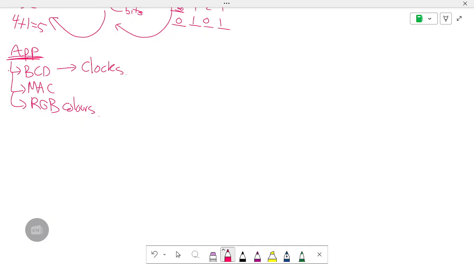Basically, if the time is 9:05, what BCD does is for each digit, we make it into a byte of data. And you can actually put 2 digits into a single byte as well.